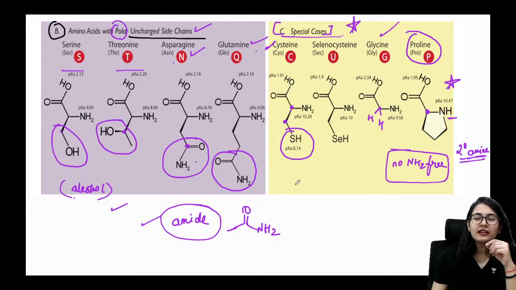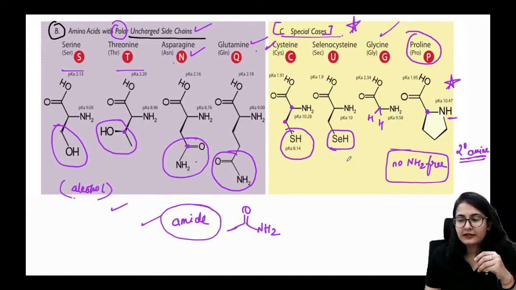Cysteine, another amino acid which is going to be responsible for the poison removal, heavy metal poisoning removal. Okay, and if I'm replacing the sulfur with selenium, this is going to be called as the selenocysteine. Very simple, selenocysteine.